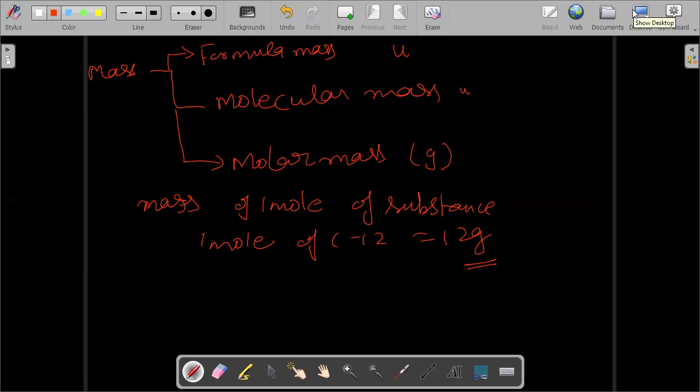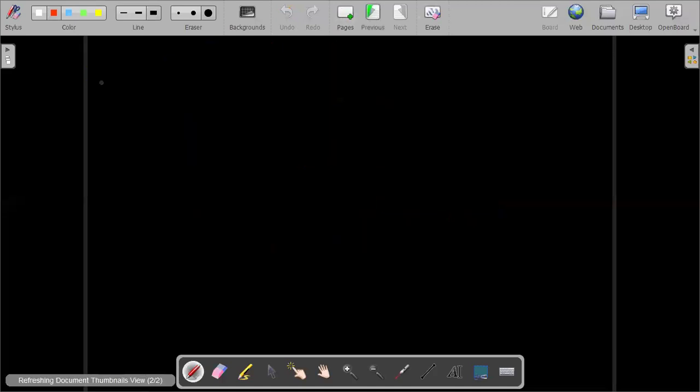Okay, then Rohit, what's your doubt? Sir, the question is: calculate the mass of water and mass of glucose required to make 250 grams of 40% solution of glucose. Okay, again, just repeat your question slowly.